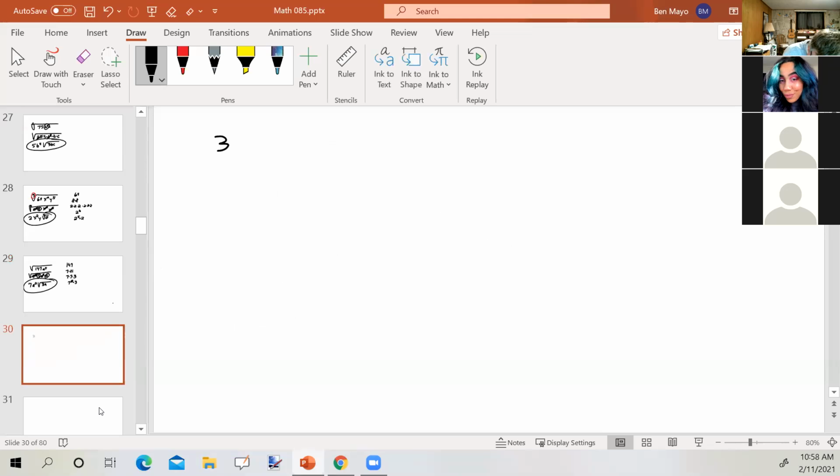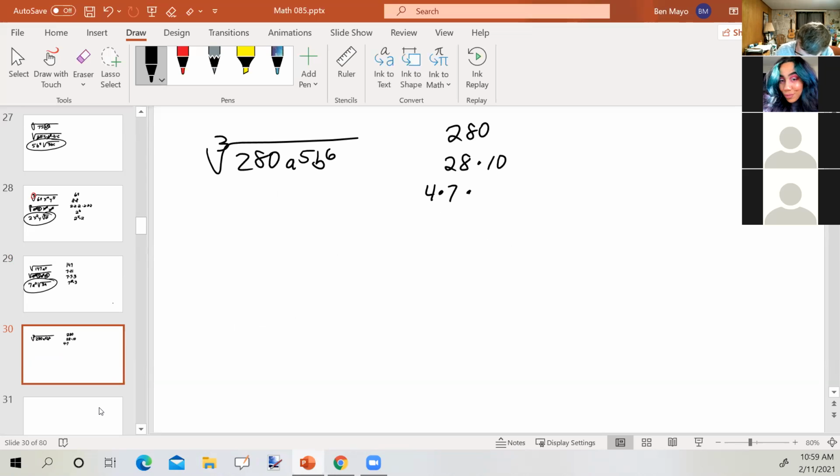The cube root of 280 a to the 5th, b to the 6th. All right. So I'm going to take 280 and break it down. That would be 28 times 10. 28 is 4 times 7. 10 is 2 times 5. 4 is 2 times 2.